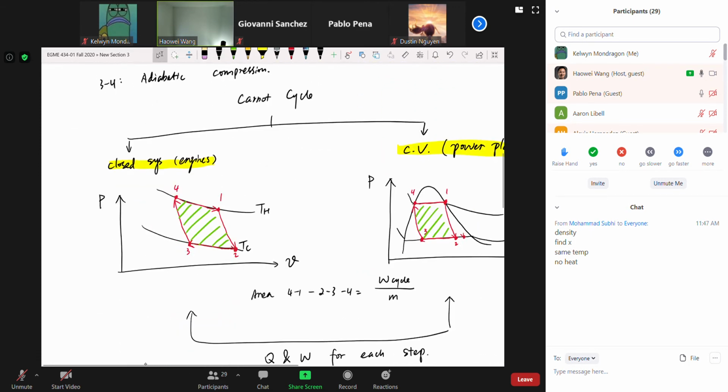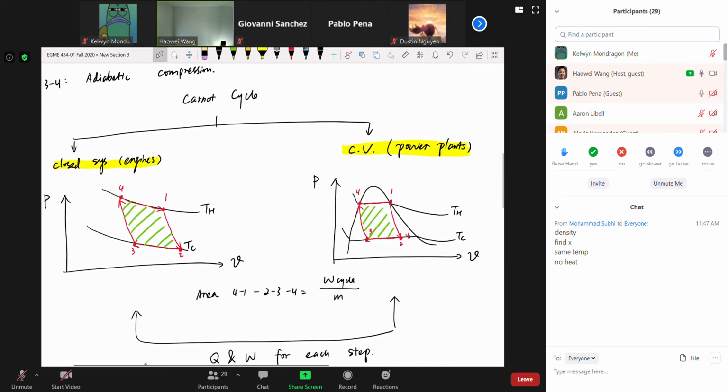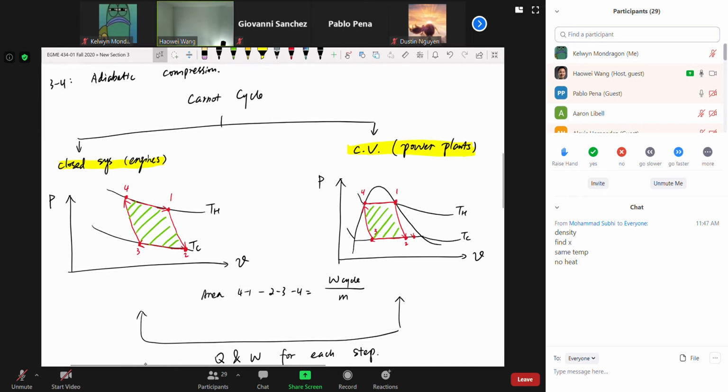Under Carnot cycle, we have 2 examples. The first one is the engines, where everything is considered a closed system. The second example on the right-hand side is for a power plant. In a power plant, every single step out of the 4 is a control volume. So that's the difference between the two examples we did in class.